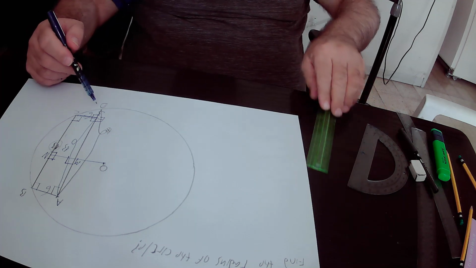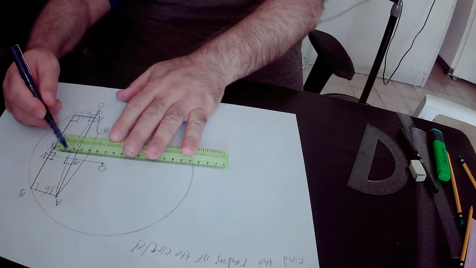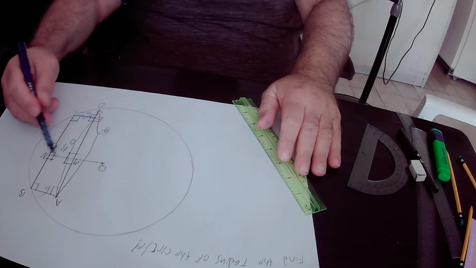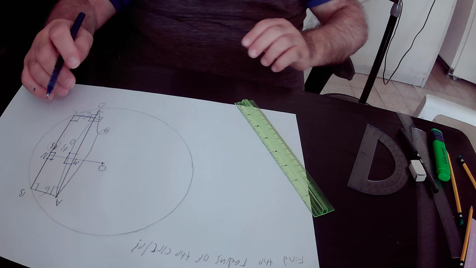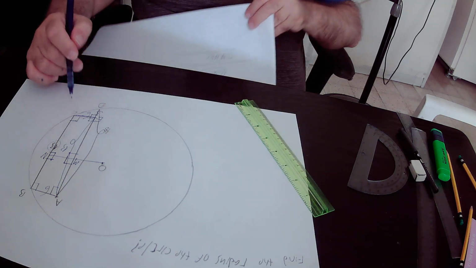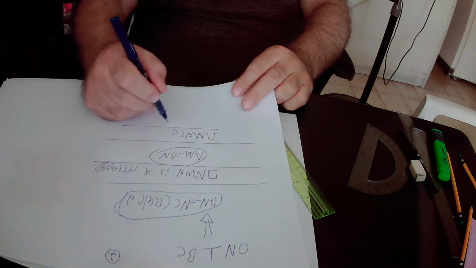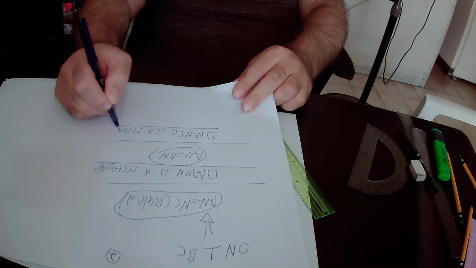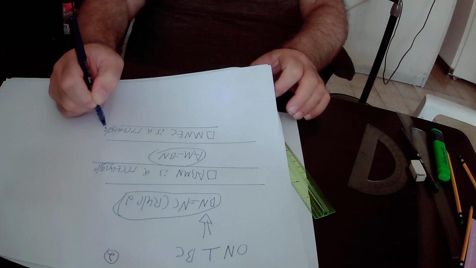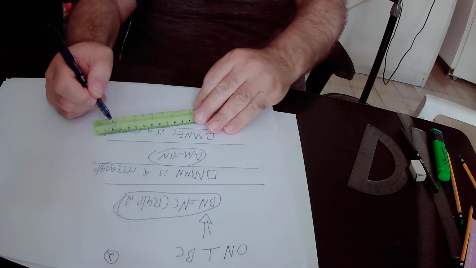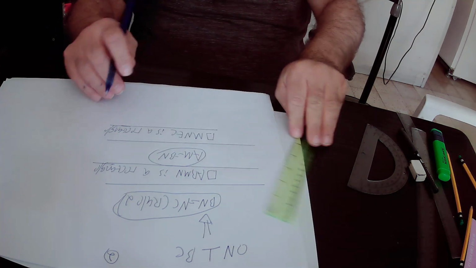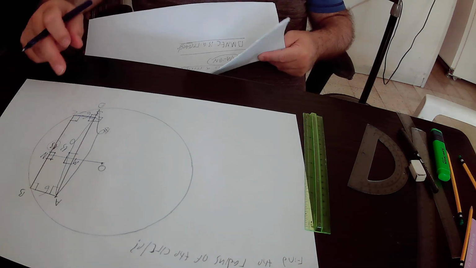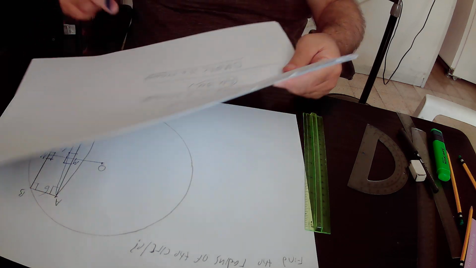Therefore, the fourth angle must also equal 90 degrees, this angle. And because quadrilateral MNEC has 4 right angles, quadrilateral MNEC is a rectangle. And again, we know that the opposite sides of a rectangle are equal to each other. That is to say, ME equals NC.